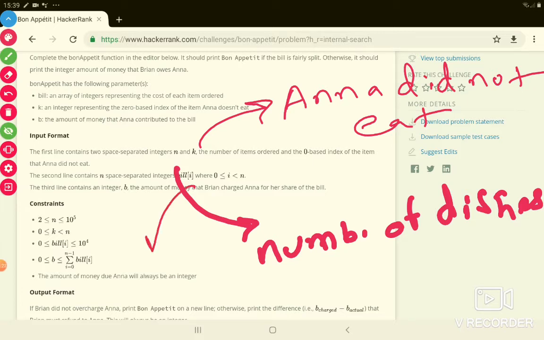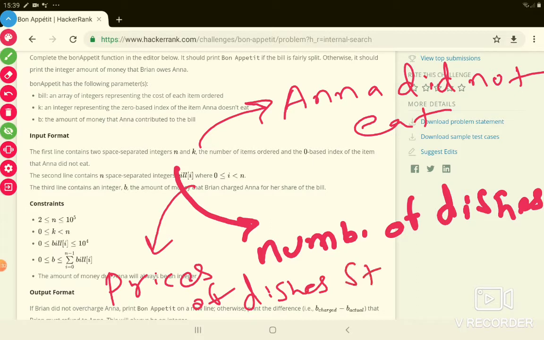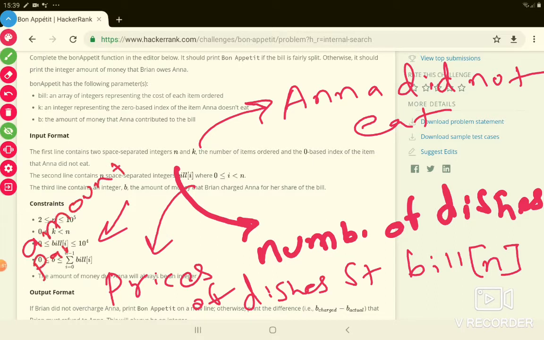The second line has the prices of dishes stored in the array bill, which is of size n. The third line has the amount paid by Anna.